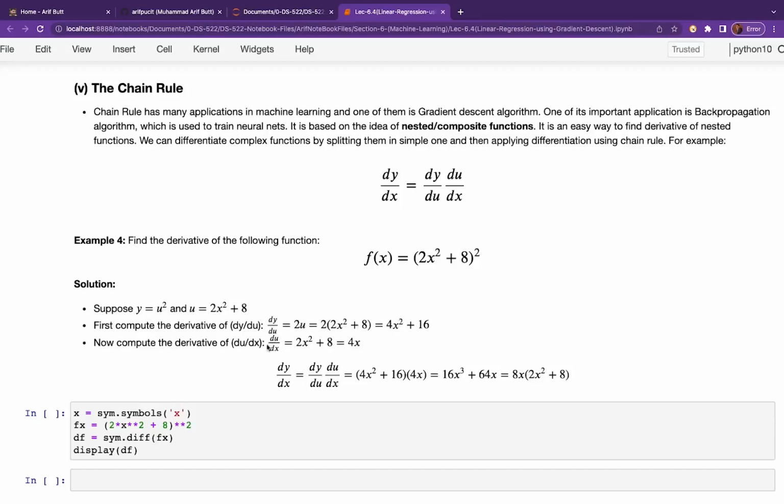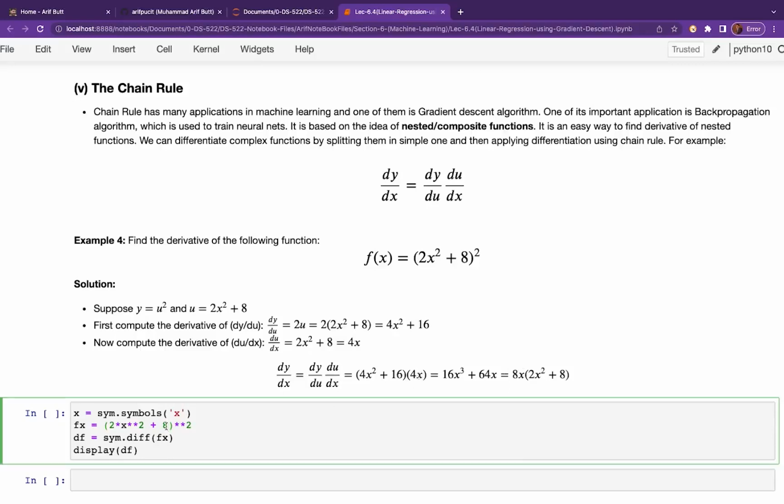Now compute du by dx, which is simply the derivative of the inner term, 2x squared plus 8, which comes out to be simply 4x. And finally, we just have to multiply the differentiated outer function with the differentiated inner function, and this comes out to be this. Let's verify this using SymPy.